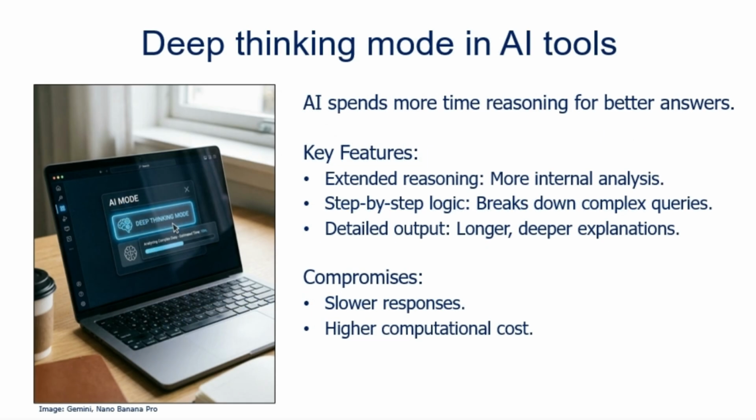One possibility is that you use this deep thinking mode that many AI tools have. You have this in ChatGPT, Copilot, Google Gemini, and many others. And that means that AI is doing an extended reasoning. It's doing much more deeper analysis.